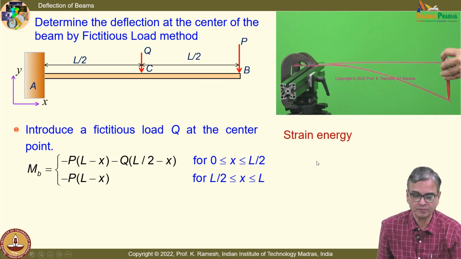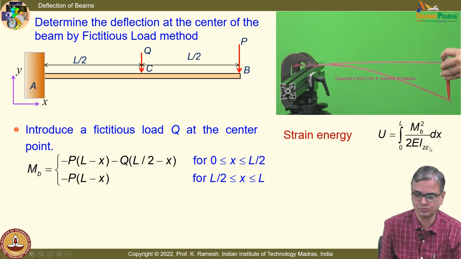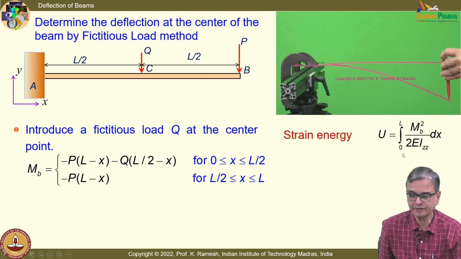So, you know, some of these expressions you need to remember. I know the bending energy as M_b squared divided by 2EI_zz dx or ds, whichever way you want to label it, integrated over the length 0 to L. So, I will have to write this for the first section as well as the second section.